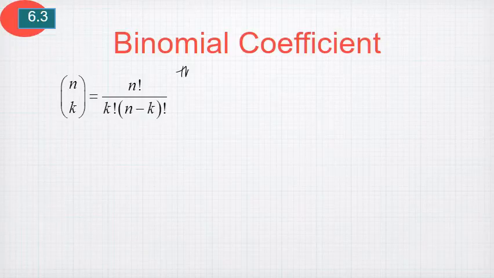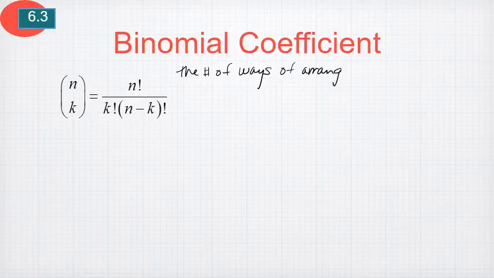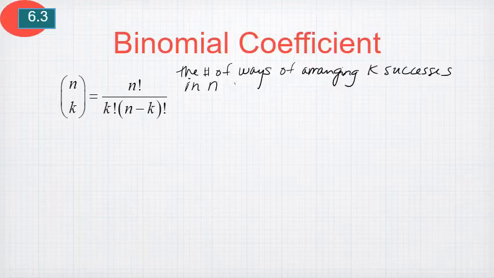So the number of ways of arranging k successes among n observations.